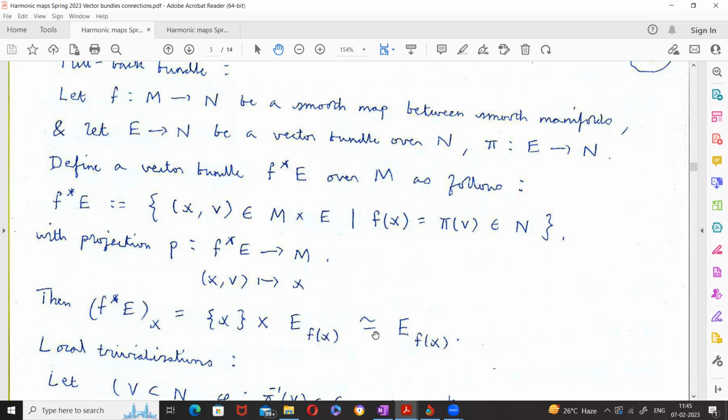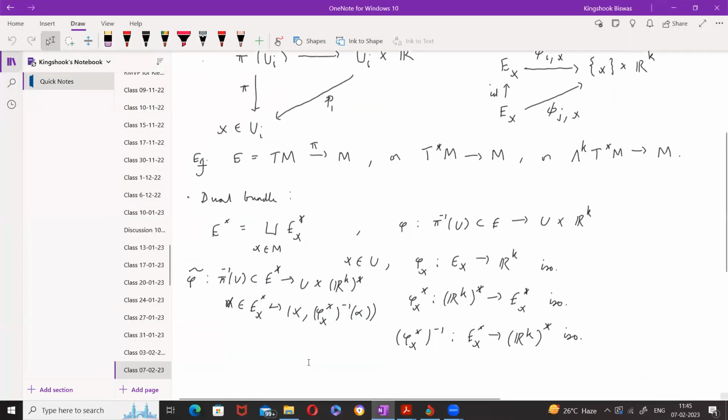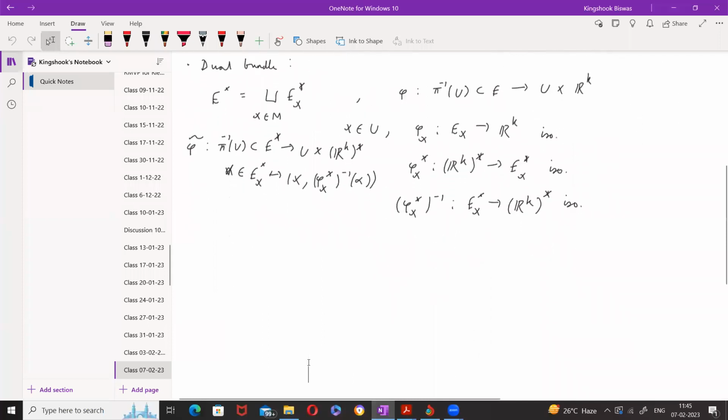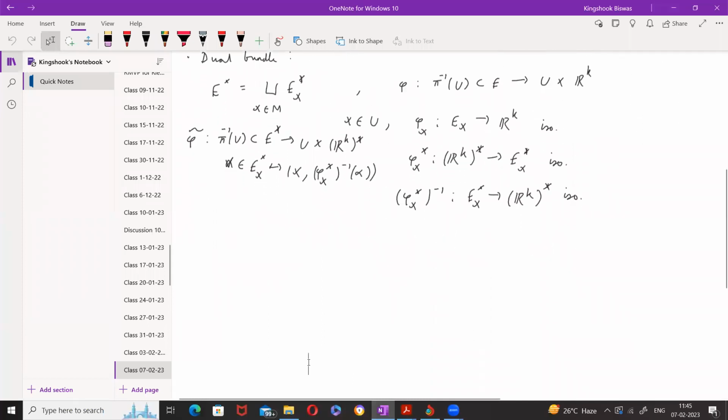This I can identify with the vector space E sub F(x). So the pullback bundle is a bundle where over each point x, you take the fiber of E over F(x).